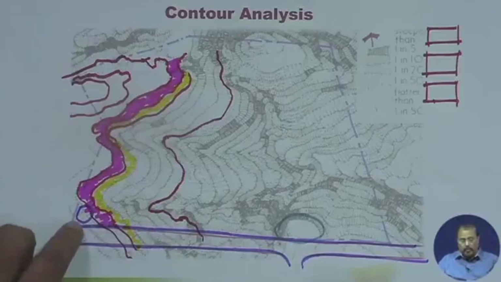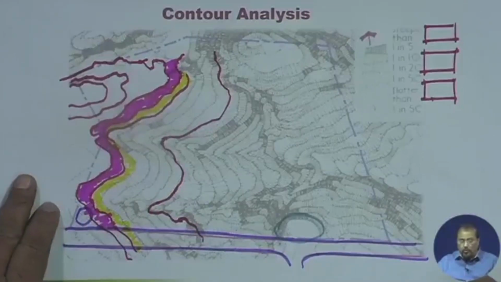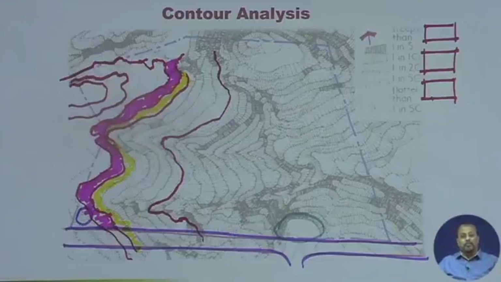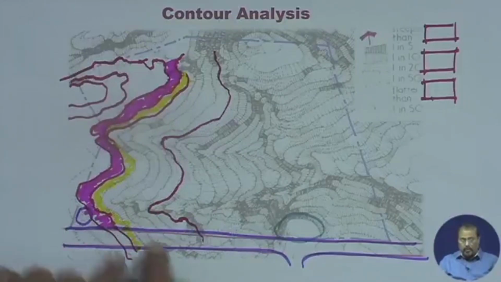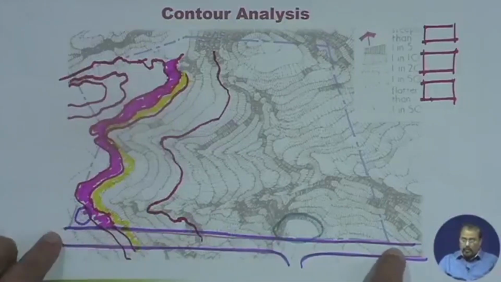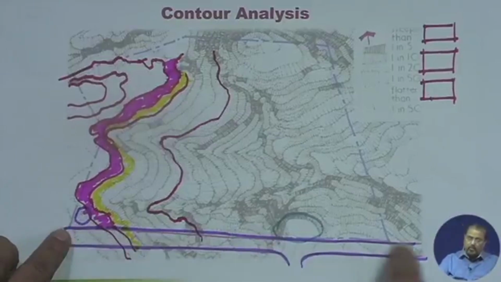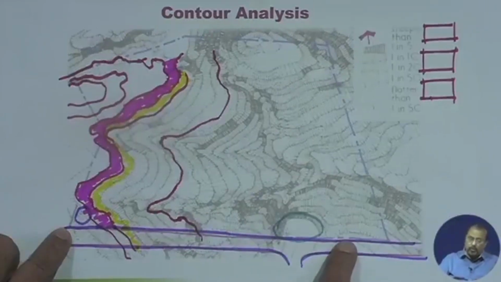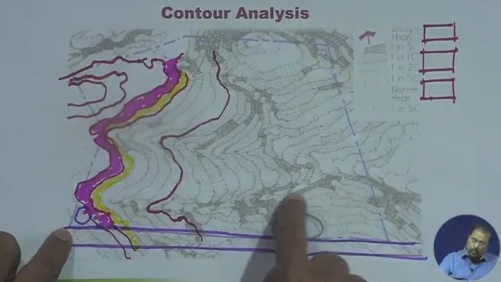Now if this is the overhead tank location, where should be the position of the cottages? How do you locate cottages? You locate cottages with the best accessibility. Here, every part of this particular edge has equal potential for accessibility, but since this is the lowest point, if I have access to the site from this particular point, then one has to go all along.